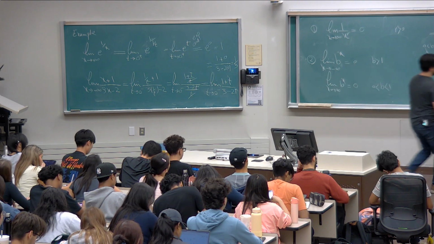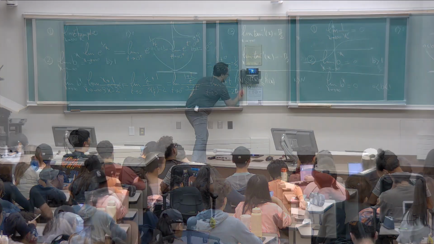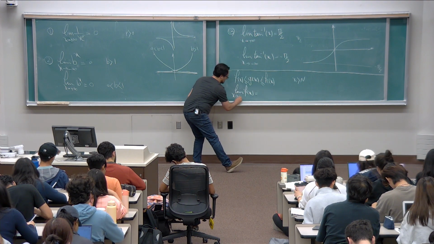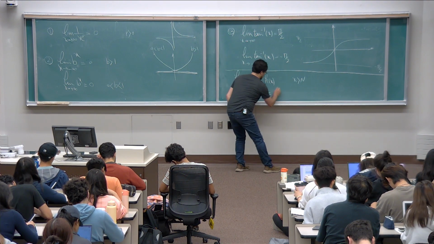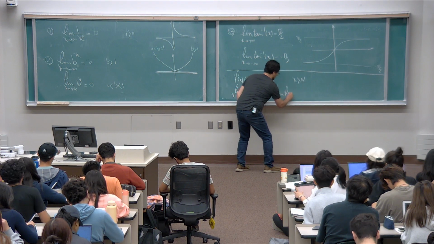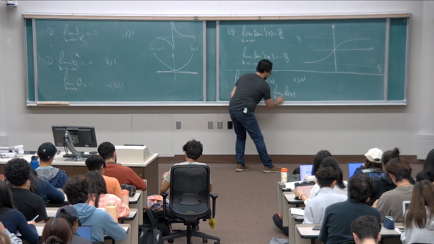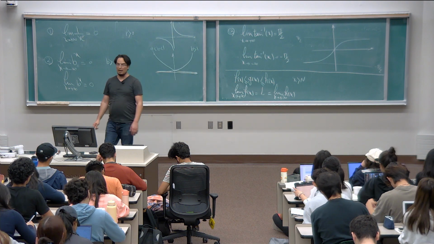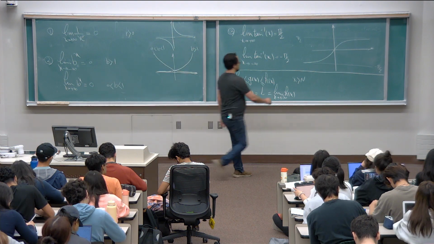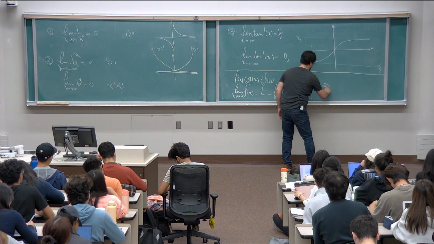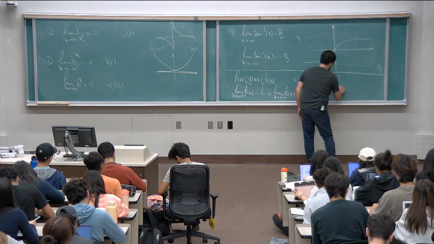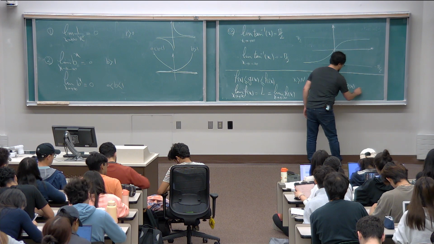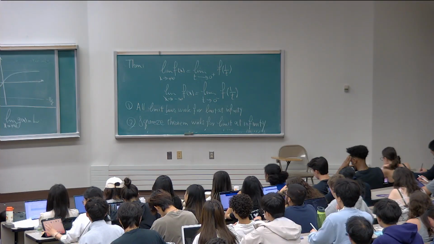And if the limit of the lower one as x approaches plus infinity is equal to the limit of the upper one as x approaches plus infinity, they both exist and are equal to L, then squeeze theorem will tell me that the limit of the middle function as x goes to plus infinity is equal to L as well.